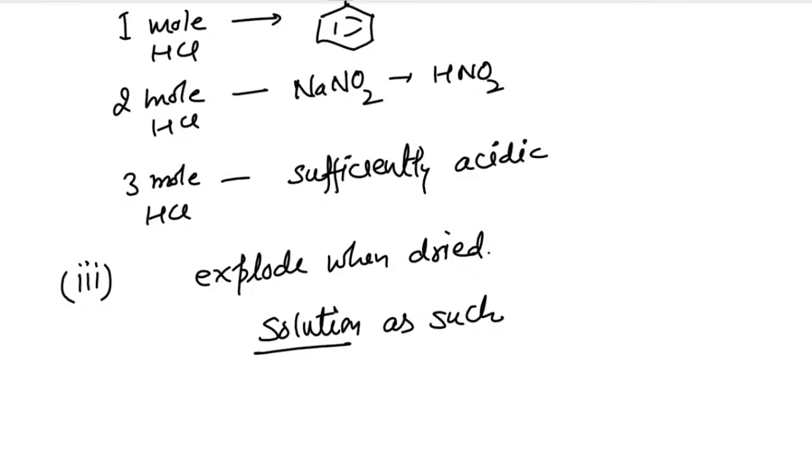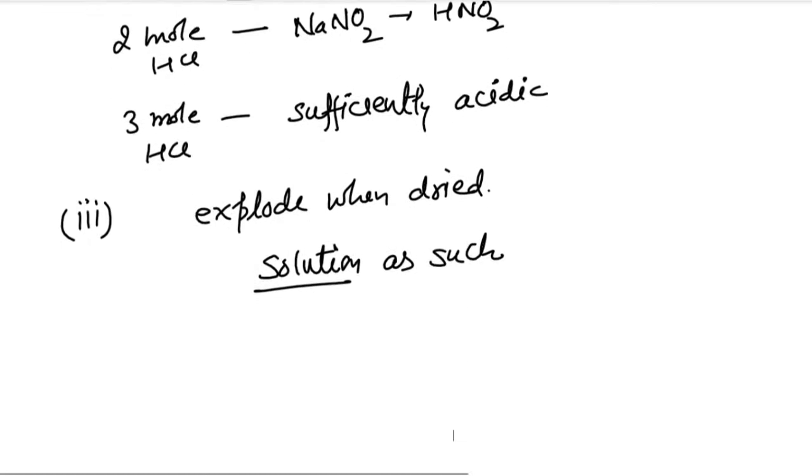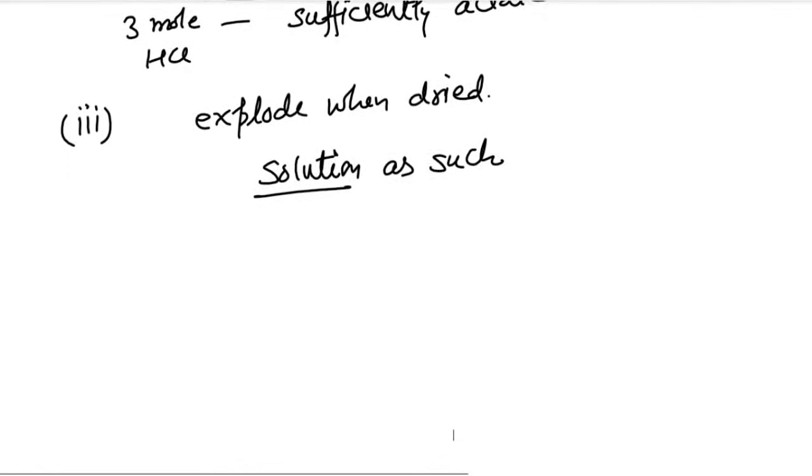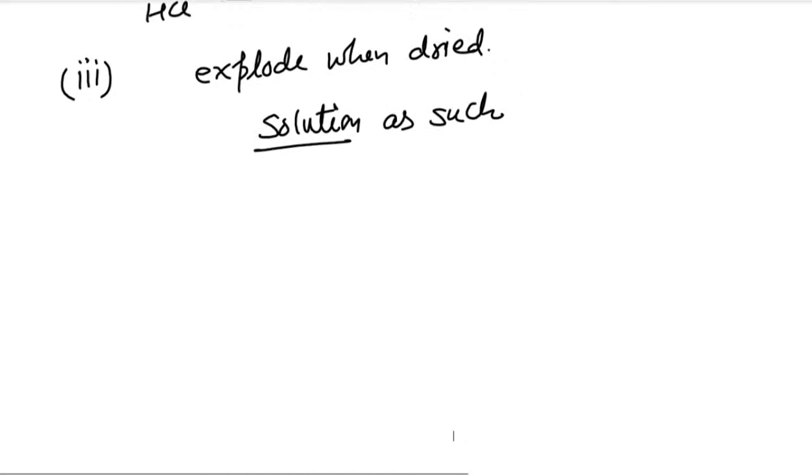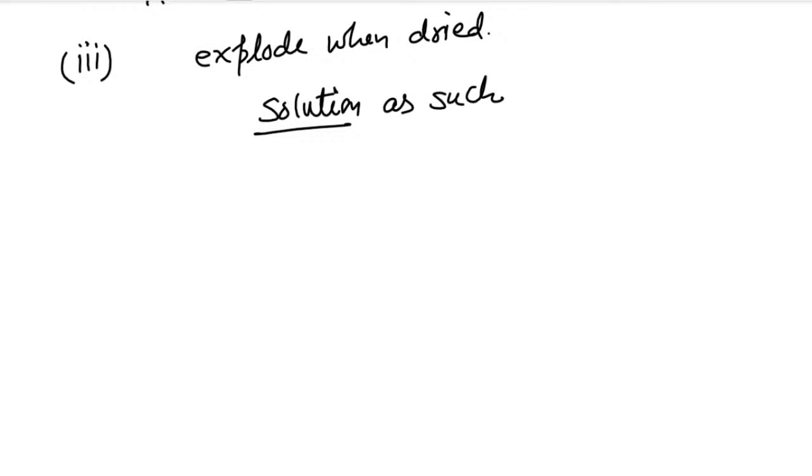Done. So these are the three precautions. First precaution: the diazonium reaction is carried out in ice cold solution, because at higher temperature it will react with water to form phenol. Second precaution: HCl should be in excess, because if HCl is not in excess, then it can combine with the rest of the aniline to form azo dye immediately.